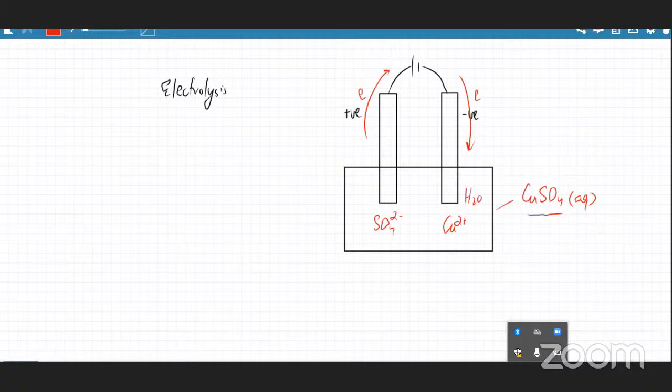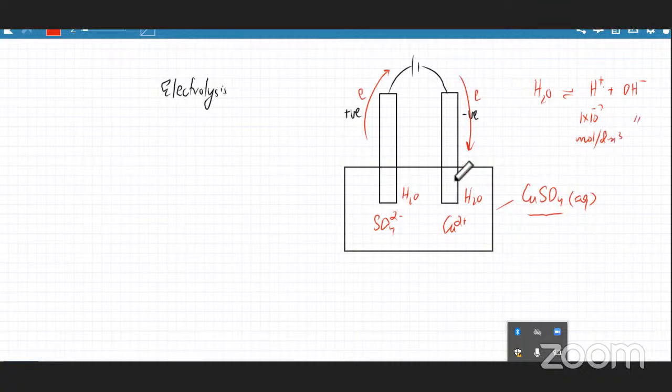ठीक है. Remember, in A levels electrolysis, you assume that water doesn't really ionize a lot. ठीक है. We already know that from equilibria as well, that it doesn't ionize because the concentration of these ions is very, very less. It's 1 times 10 power minus 7 mole per decimeter cube, which is almost non-existent.